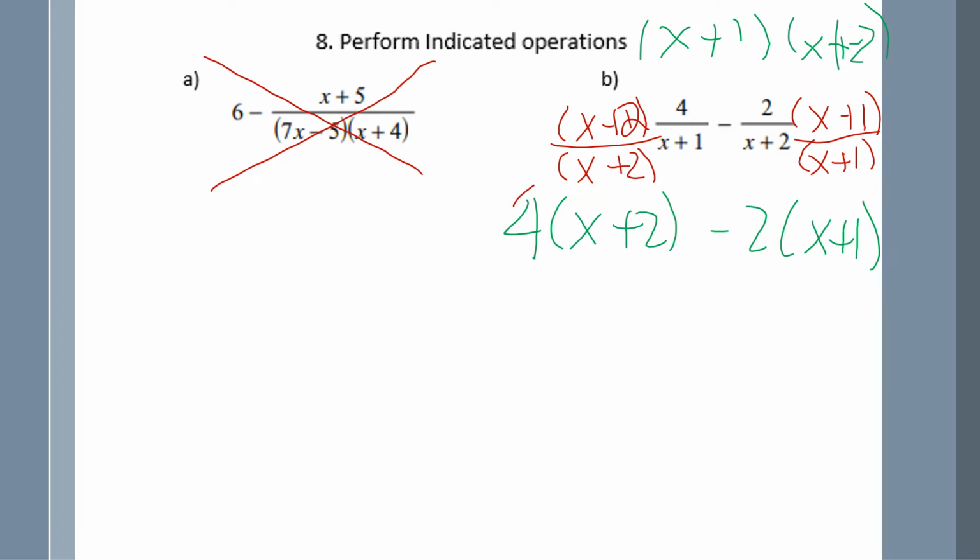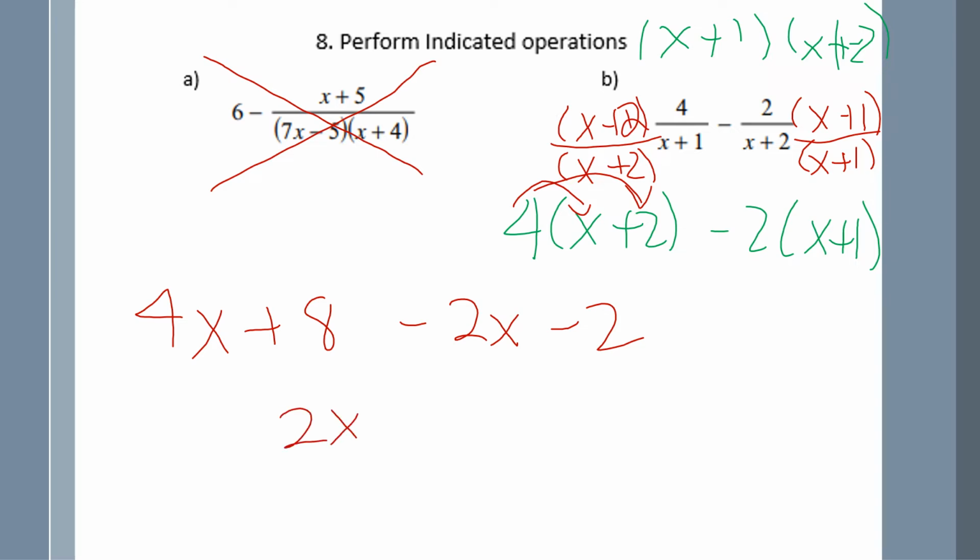Do the distributive property here. I get 4x plus 8 minus 2x minus 2. When I combine like terms, I get (2x plus 6) over (x plus 1)(x plus 2).